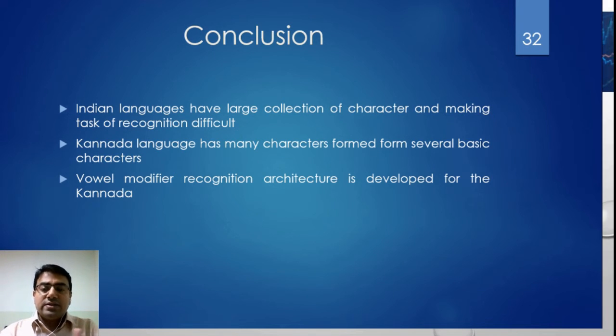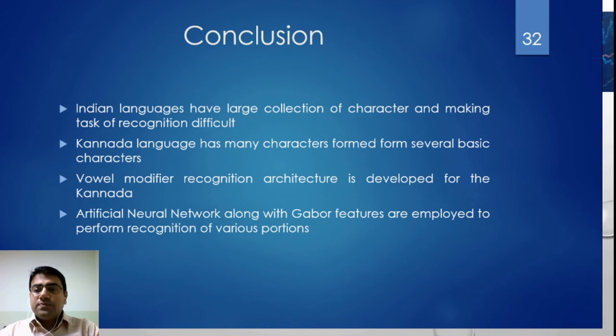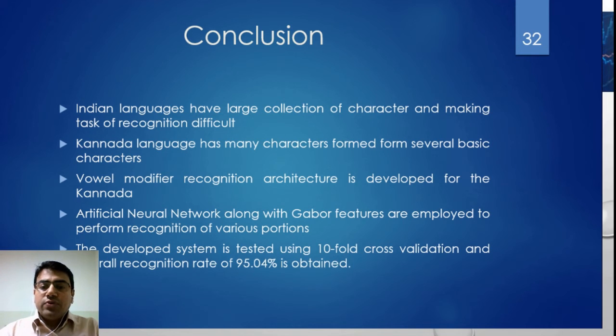Also the results of this research are presented in three different papers. Artificial neural network and Gabor filter based techniques are used to perform the recognition. We developed a system, and on 10-fold cross validation, an overall recognition rate of 95.04 is obtained.